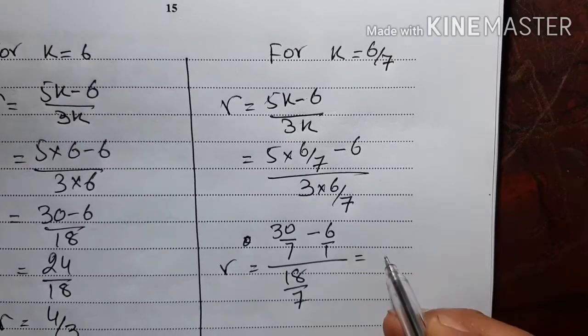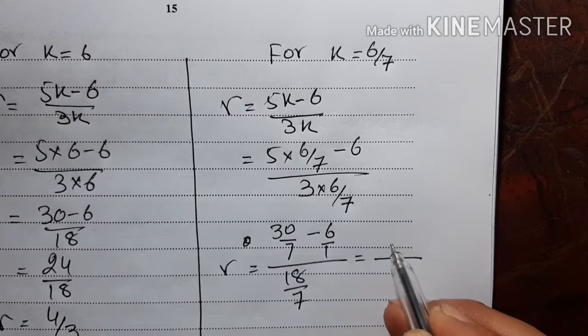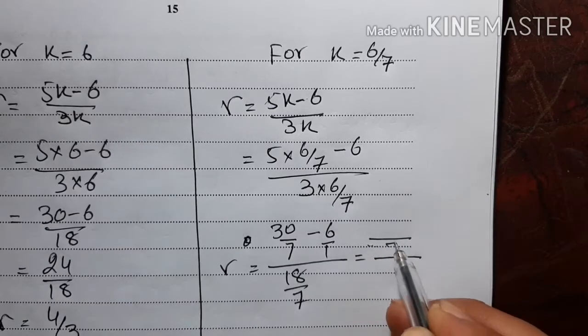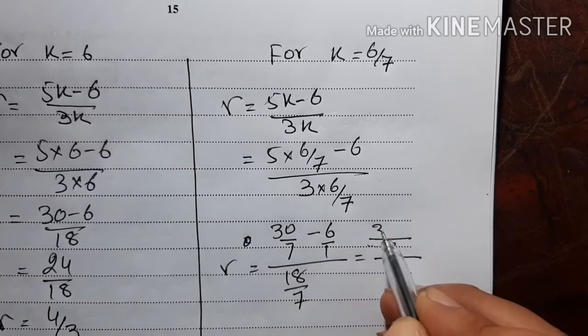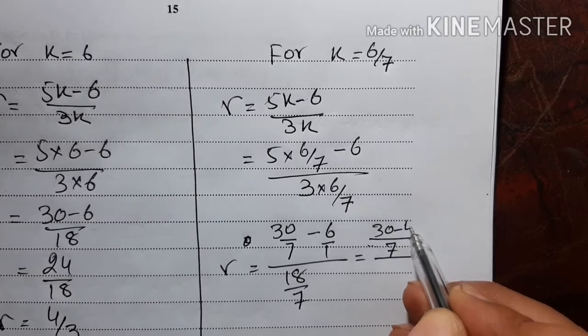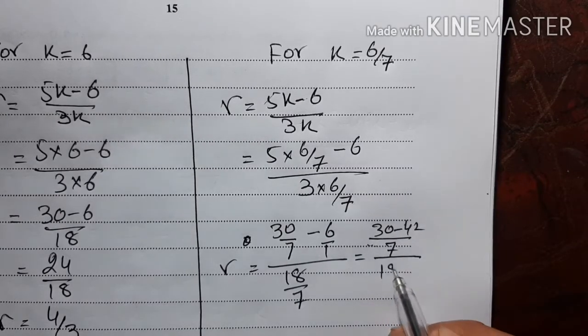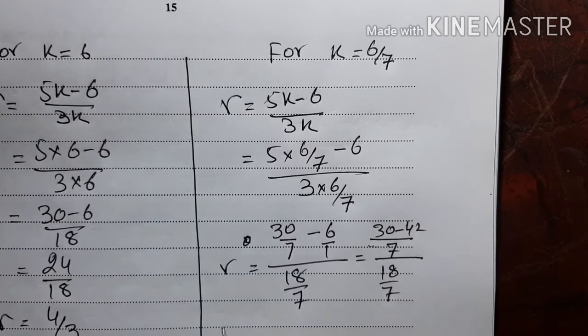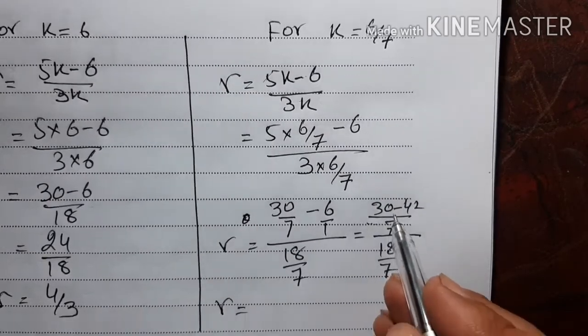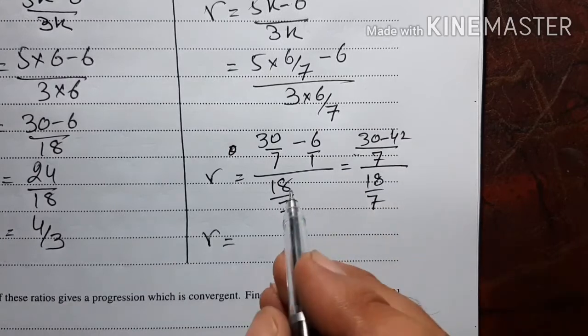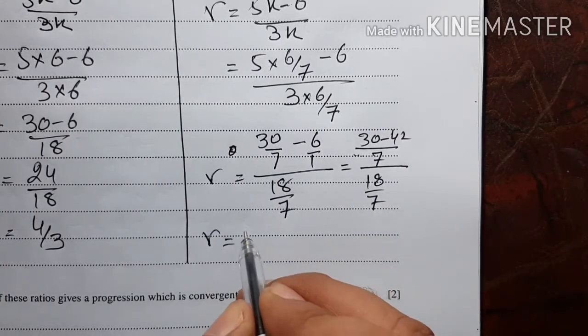If I take LCM of the upper part as 7, it will become 30 minus 42 over 18 by 7. 30 minus 42 is minus 12.